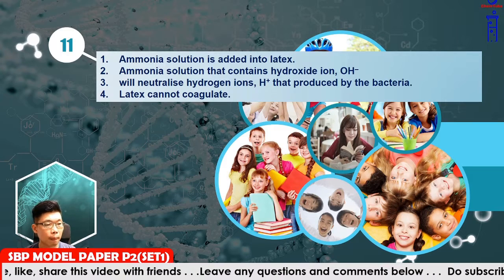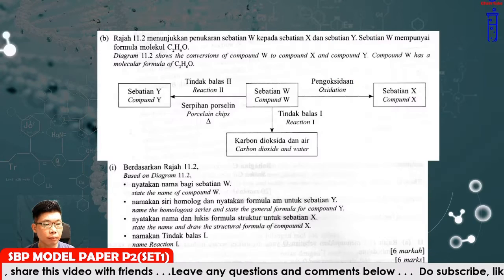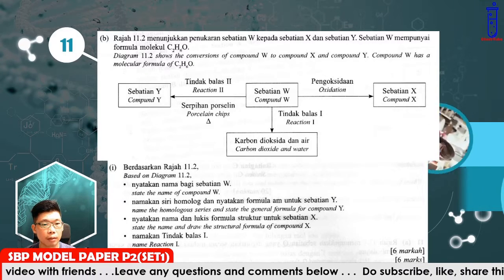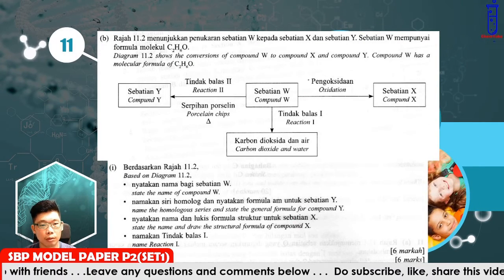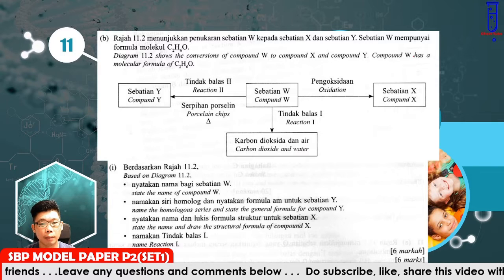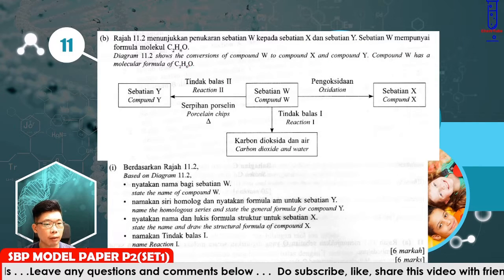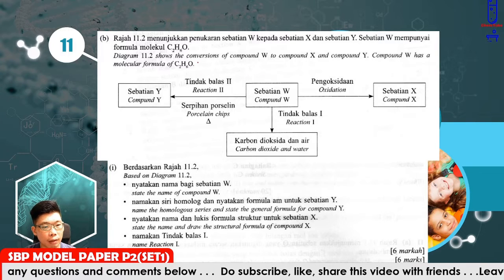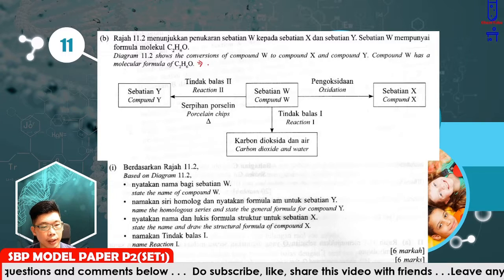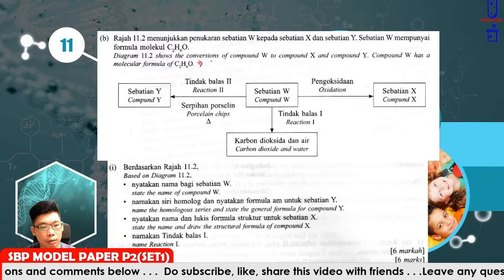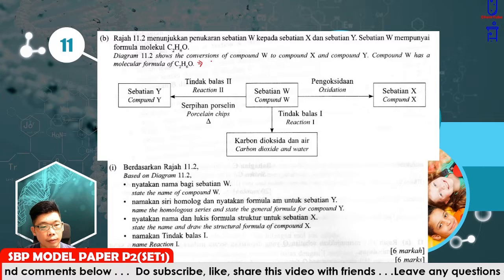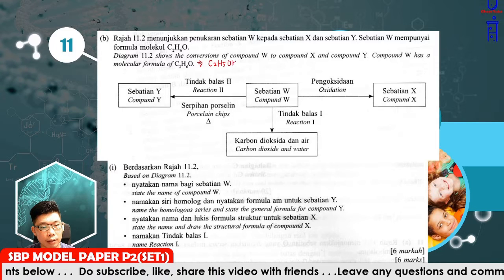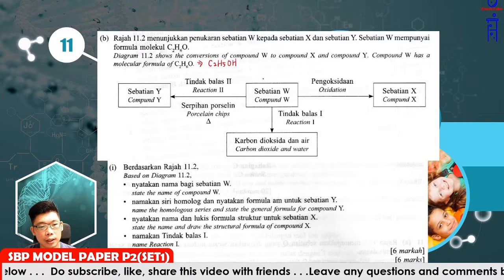Okay, so 4 marks. Now B, the diagram shows the conversion of compound W to compounds X and Y. Compound W has a molecular formula of C2H6O. Normally we will convert it to a more familiar format, C2H5OH, right?